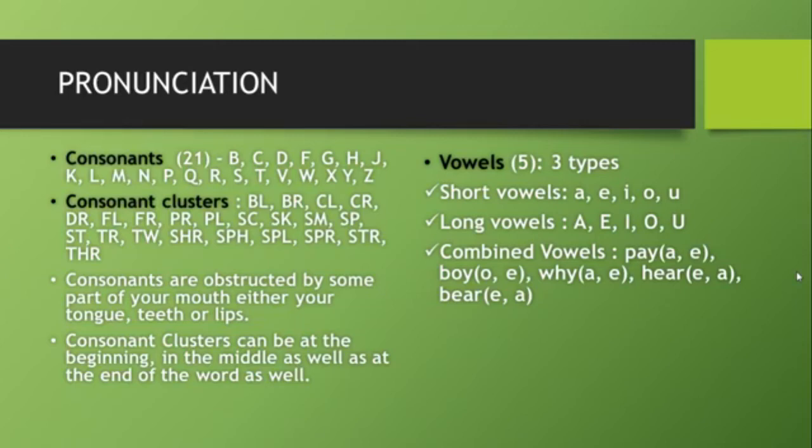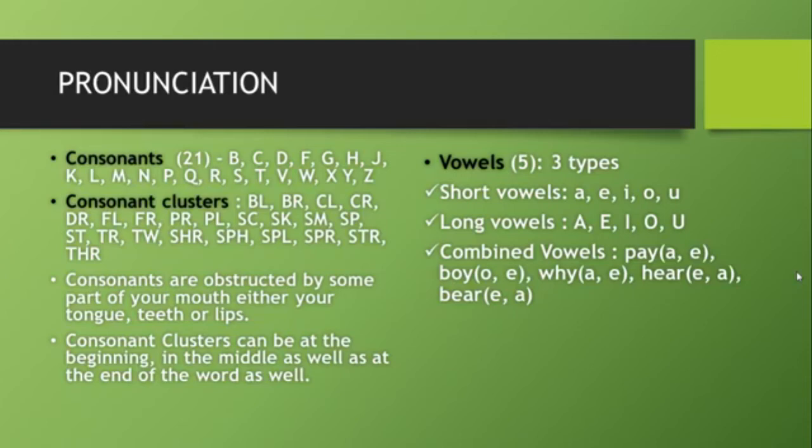Then there is a word boy. He was a smart boy. So boy, it's o-e, boy. So this is the reason that here combined vowels are used. Now if I say why, not why. It's why. Why did you do that?